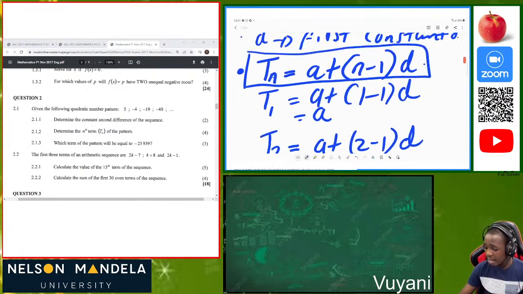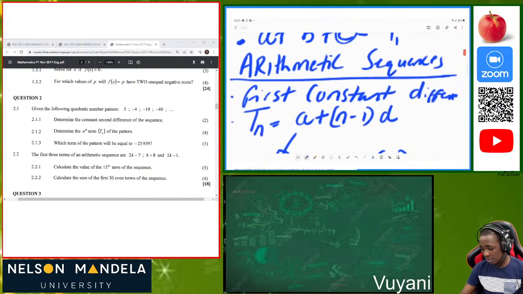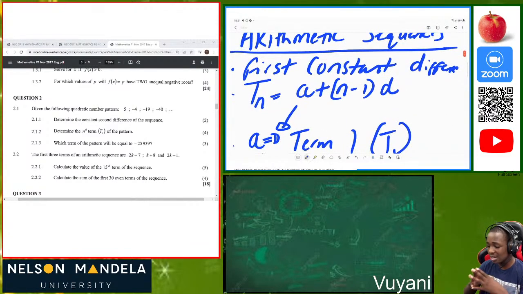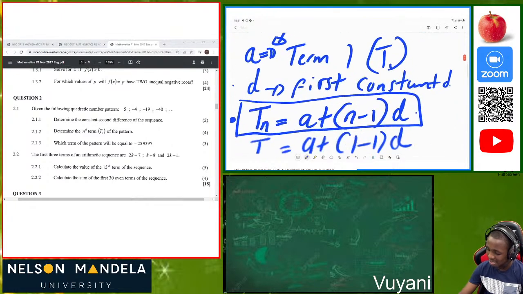To sum up again on the arithmetic sequences, we say that it has the first constant difference, and in order for you to calculate or determine the general term, we use the formula Tn is equal to a plus n minus 1 multiplied by d, where a is the first term of the sequence and d is the first constant difference.